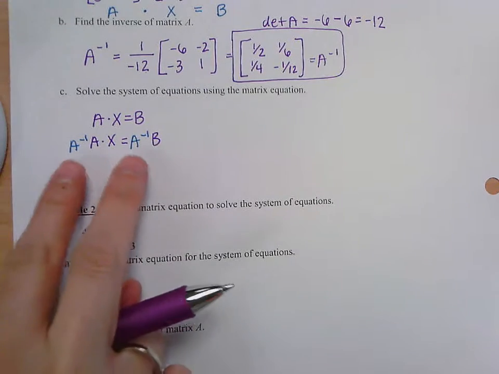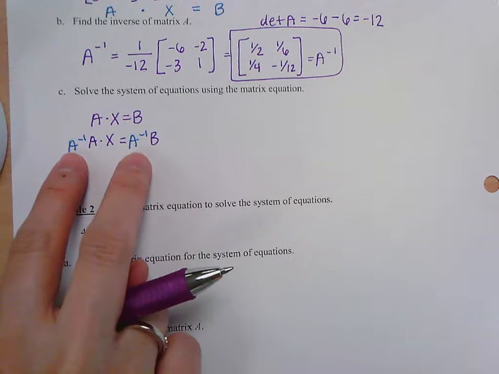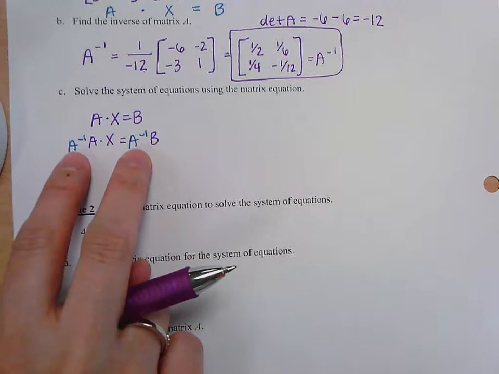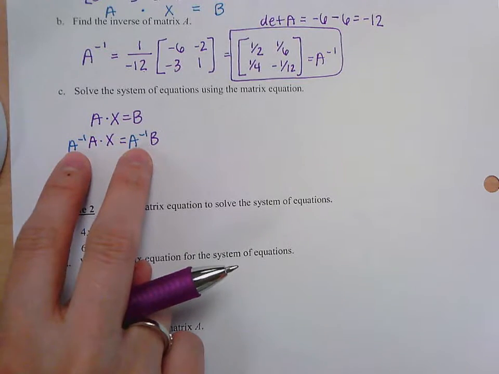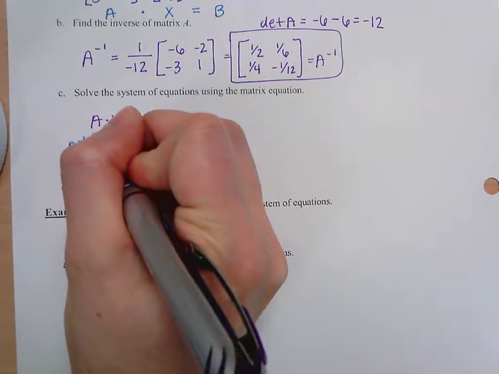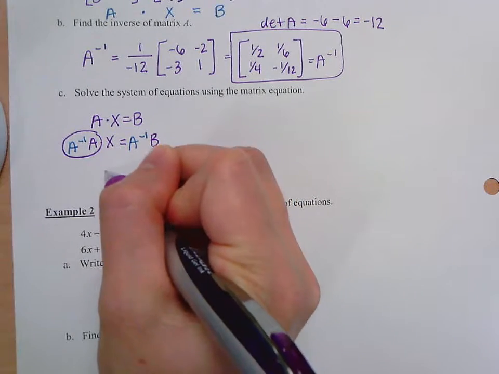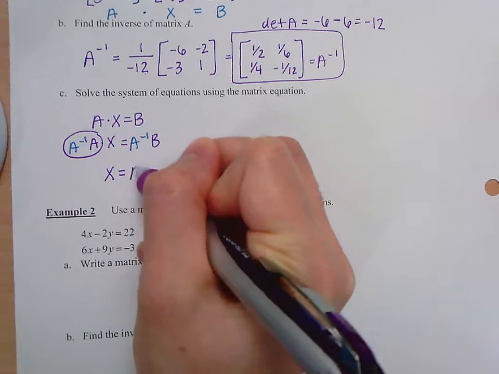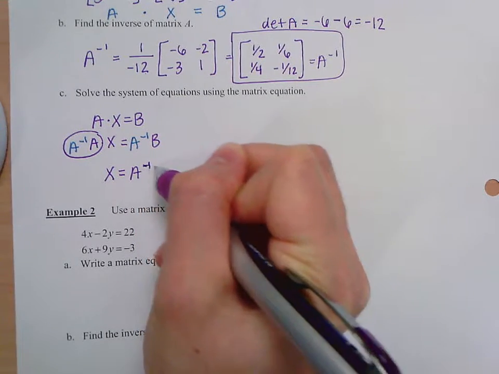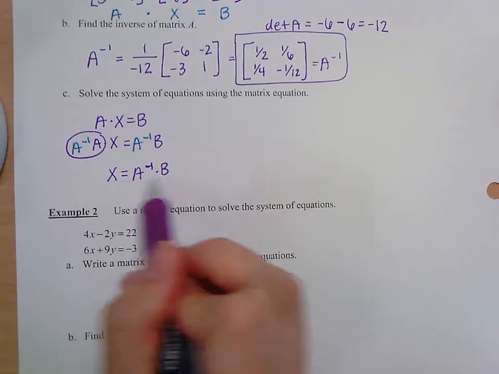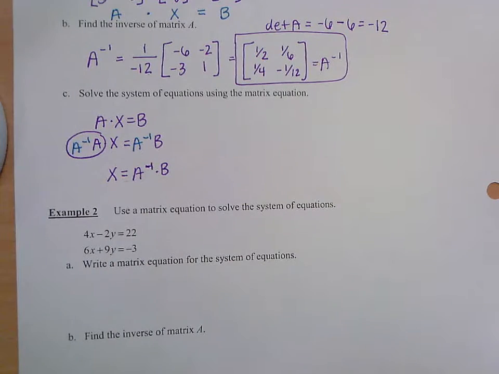Notice the A inverse does have to be on the left side of both. These two end up canceling out, or they become the identity. So then I'm just left with X is equal to A inverse times B.